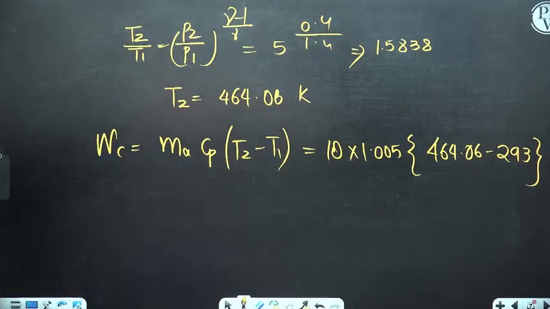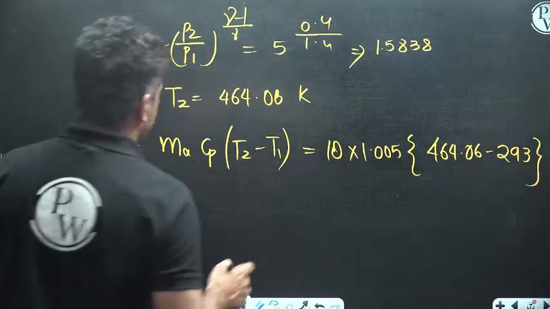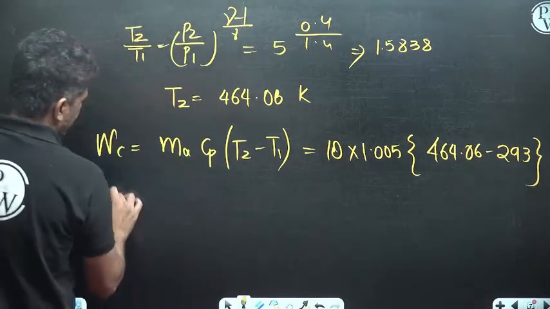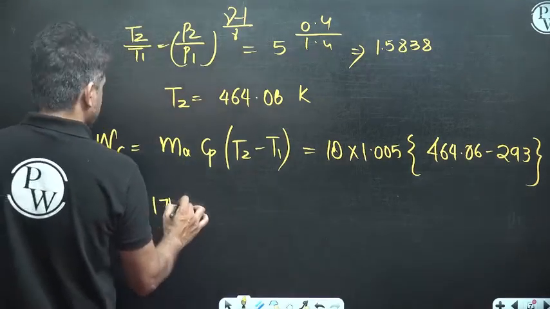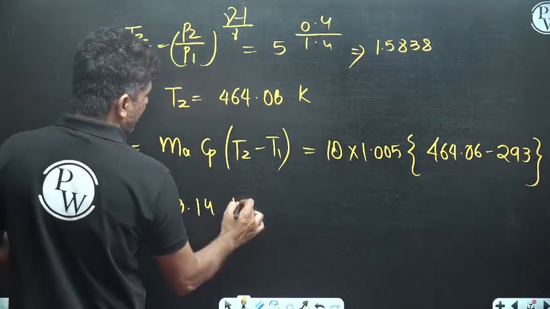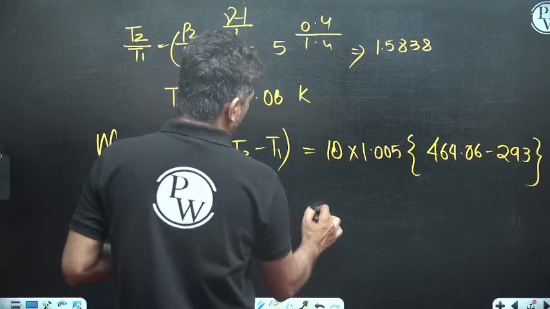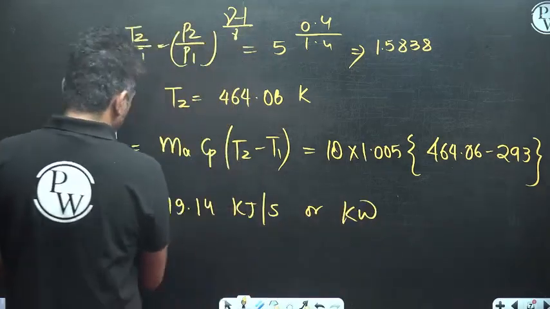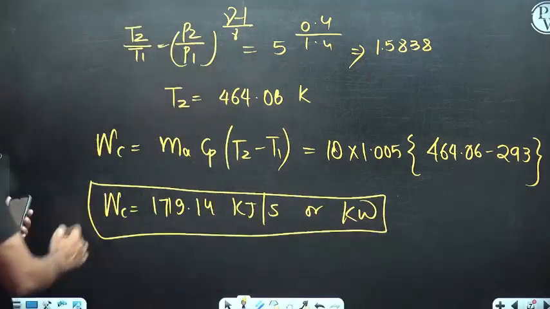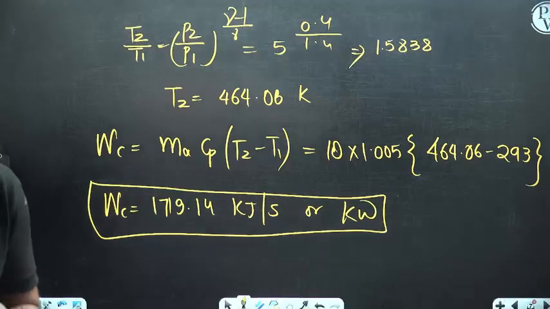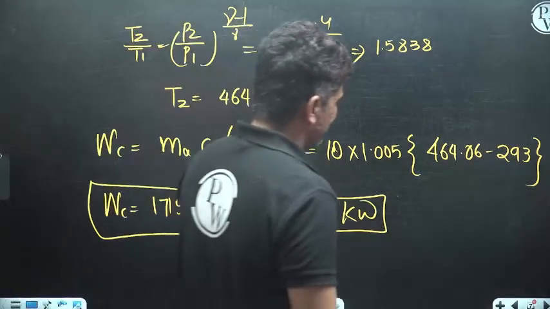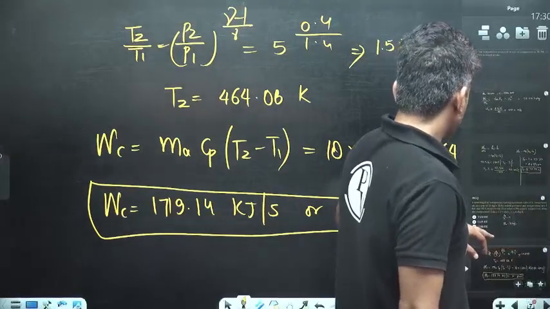So 464.06 minus 293 is 171 multiplied by 1.005 multiplied by 10. So work required in compressor will be 1719.14 kilojoule per second, or kilowatt. This is basically the power, because you are calculating work per second. If you are calculating work per second, then it will be power.